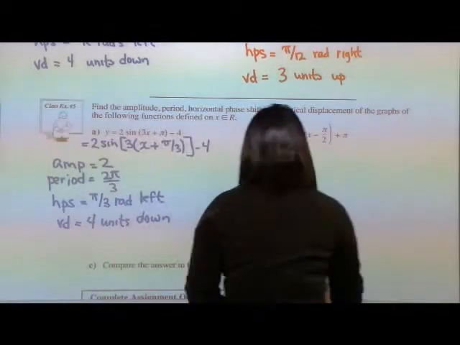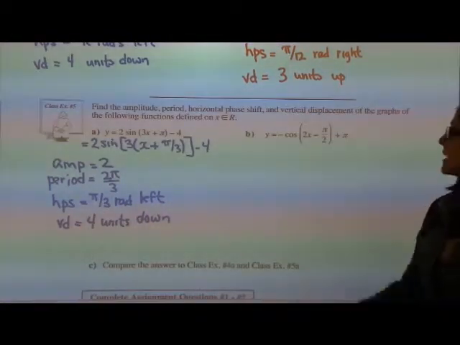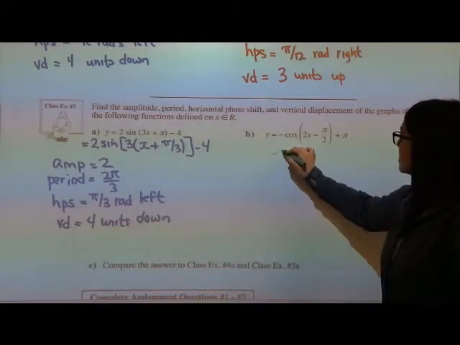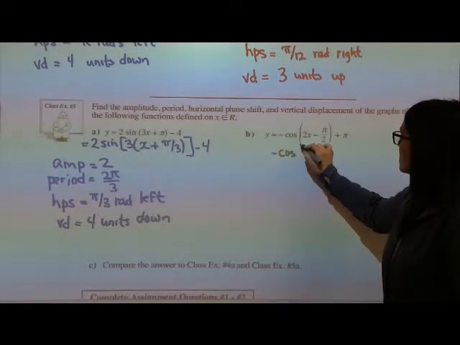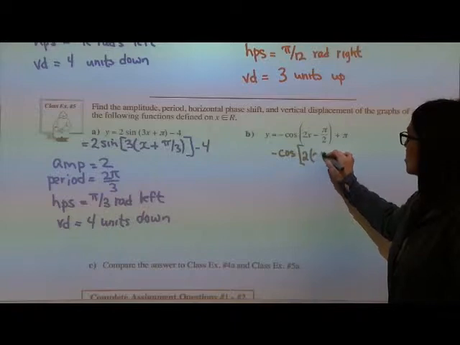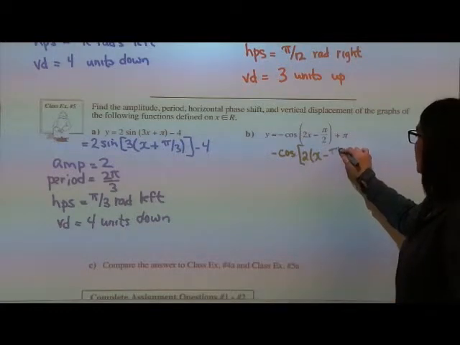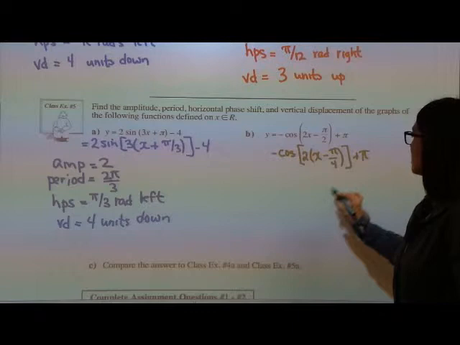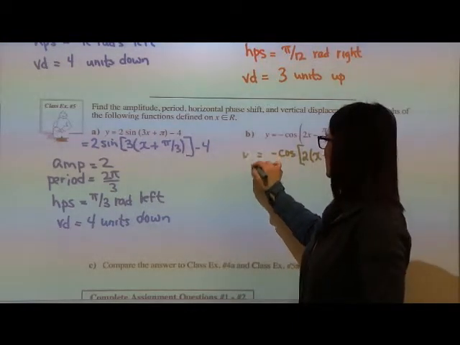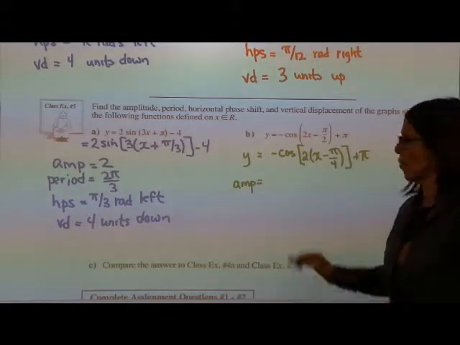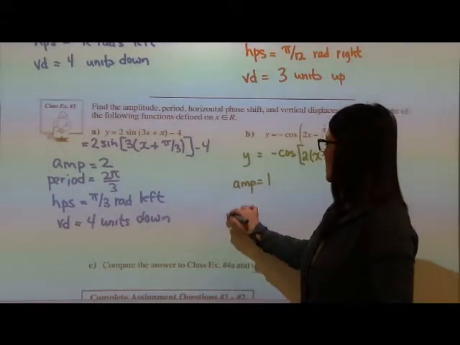Okay. So for B, I need to isolate this x first. So if I factor out a 2, what am I left with, the pi over 2? What does it become? Good job, pi over 4. So what's the amplitude? 1. What is the period?